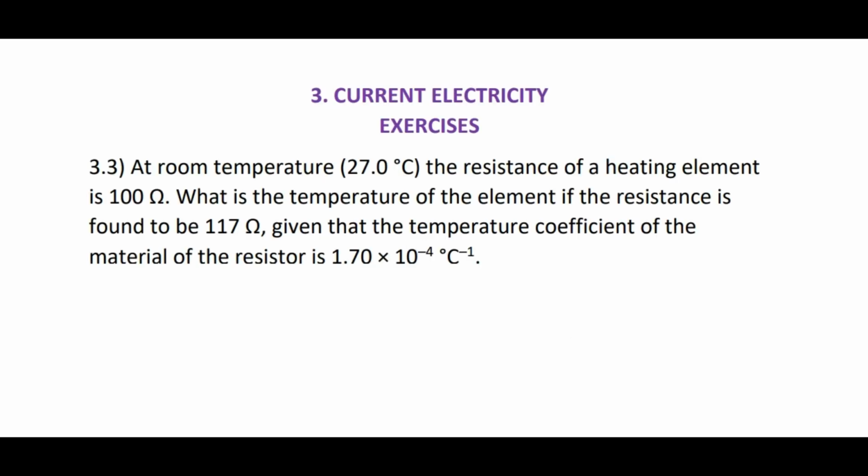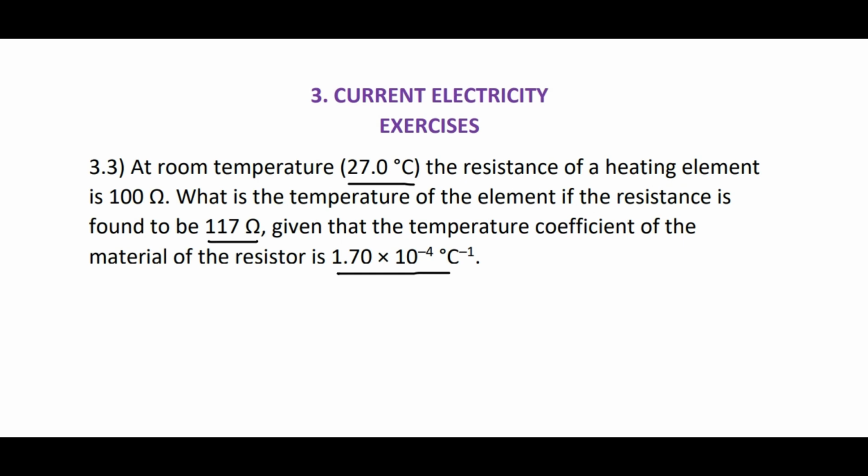At room temperature, the room temperature is given as 27 degrees Celsius, the resistance of a heating element is 100 ohm. What is the temperature of the element if the resistance is found to be 117 ohm? Given that the temperature coefficient of the material of the resistor is 1.70 into 10 power minus 4 degrees Celsius inverse.